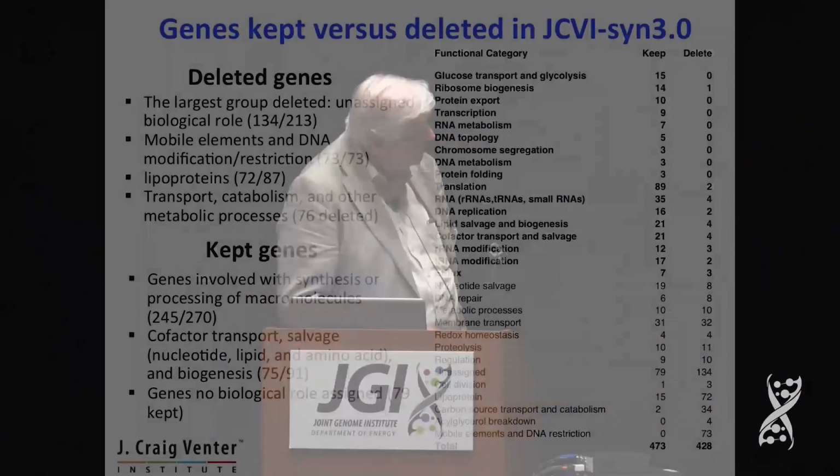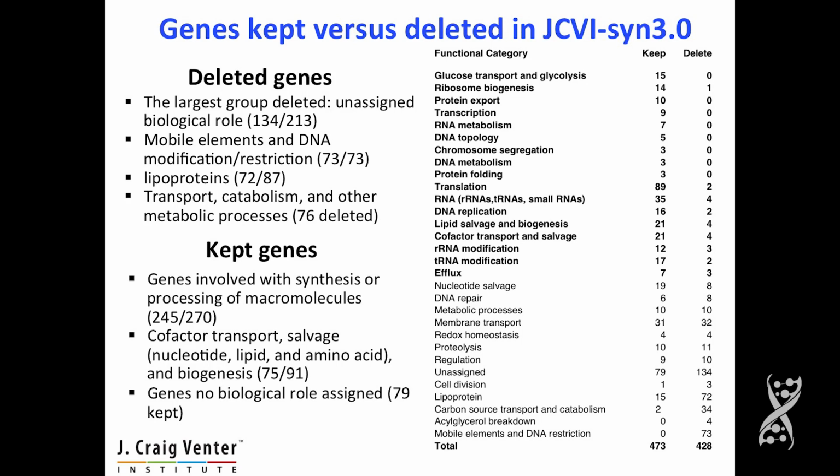And then on the bottom here are ones that are largely dispensable. For example, there were 73 mobile elements in restriction systems. There were a lot of lipoproteins, of which almost all of them could be removed, and so on.